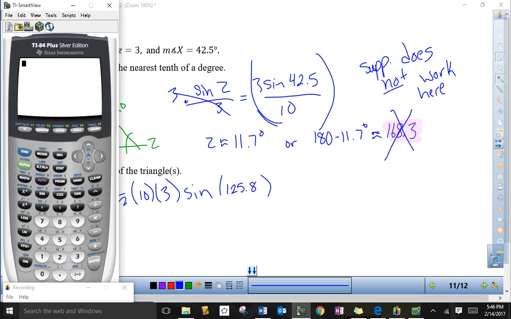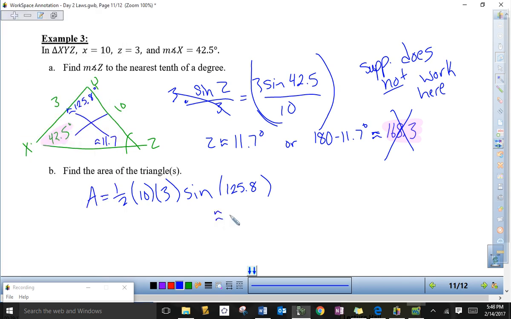So I've got 15 sine of 125.8. So my area is about 12.2 units squared.